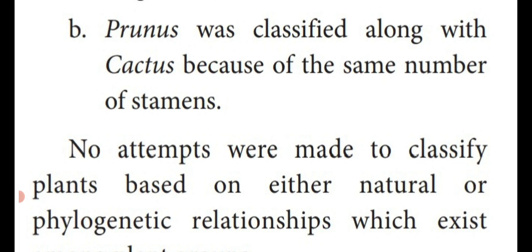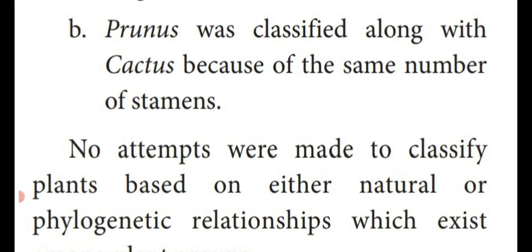And also in this system, it's not based on the natural character or phylogenetic character, evolutionary character is not taken into consideration. So that is another disadvantage of artificial system of classification.